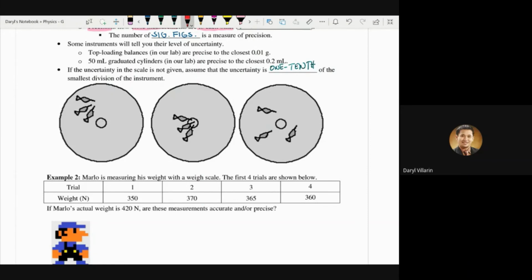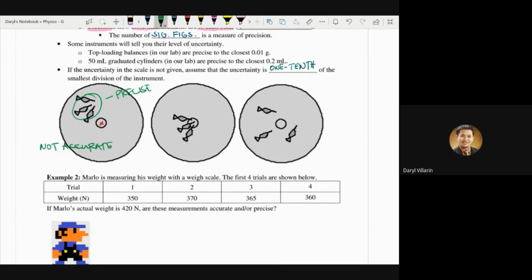So this is our aim, to get the center of this circle, because that's the maximum points. But if you can see, you're throwing it here. So this particular diagram shows precision. So you would say that this is precise, but not accurate.